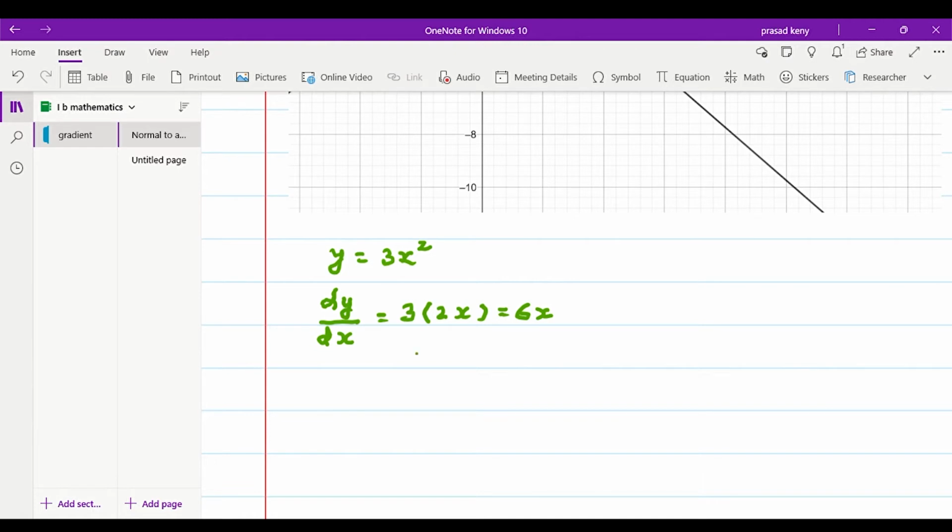So I will put x is equal to 1 upon 6 in the derivative.